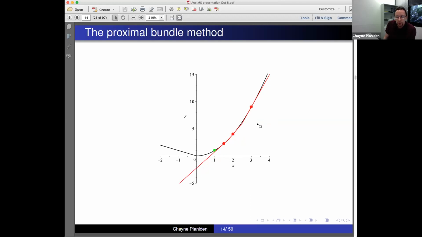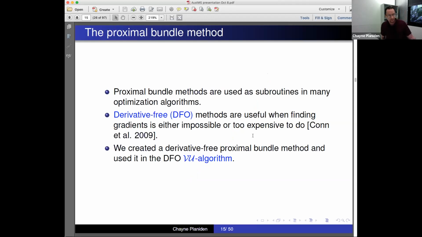So this is the bundle method that builds an ever better approximation of f and finds the proximal point of f at this original point by iteratively finding proximal points of the model along the way. That's the proximal bundle method for finding prox points. Proximal bundle methods are very common as subroutines in many optimization algorithms.